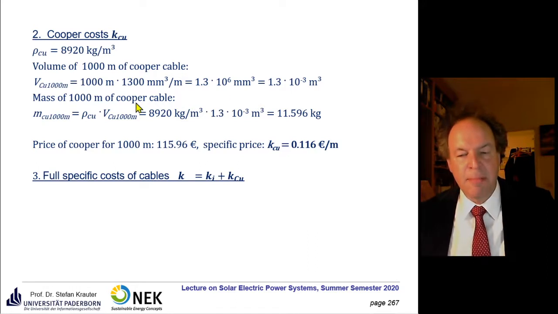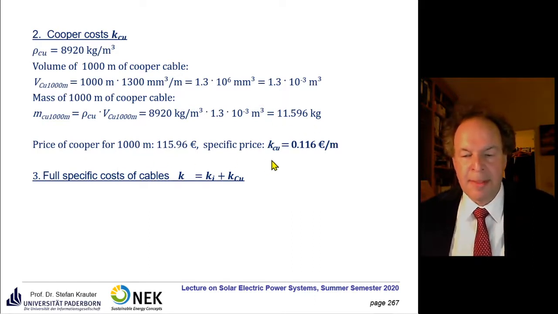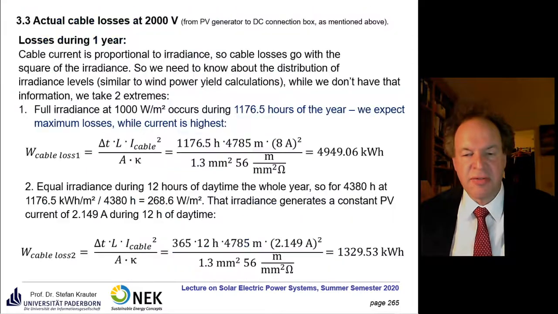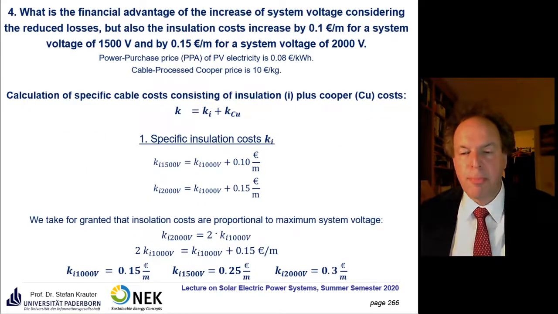Then we have the mass of 1000 meters. It's the density times the volume, and then if you put it here, this gets eliminated, and we have just kilograms, and this is 11.596 kilograms for that. While we know the copper price was given, I think it was given at 10 euro per kilogram.